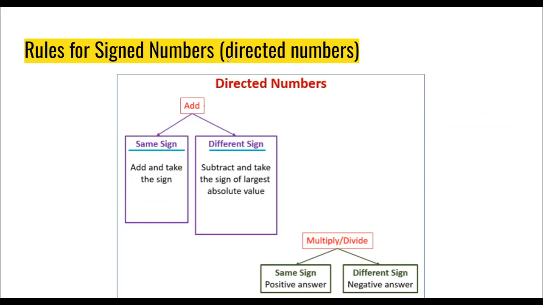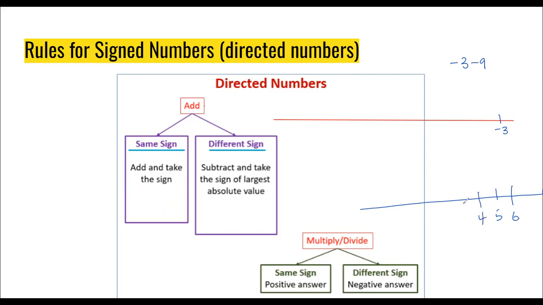Look at this. If I have a number line, and I have -3 on the number line, and I tell you, take away 9 from -3. Now, if you were on a number line like this and I had 6, and I said 6, take away 2, you would go to the left.